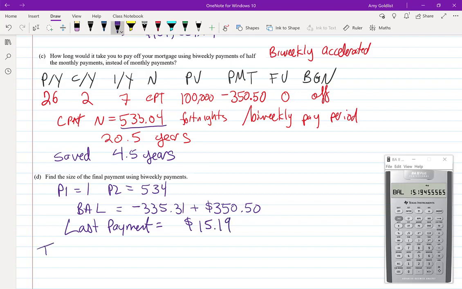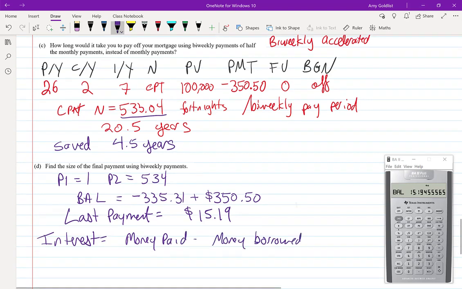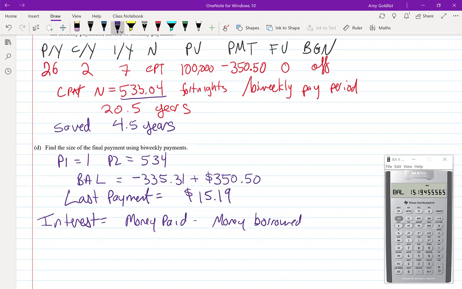So let's look at our interest now. The interest is going to be money paid minus money borrowed. Just like before, we're going to calculate the numbers. So we made 533 payments of $350.50. Plus we made one baby payment of $15.19, and we borrowed $100,000.